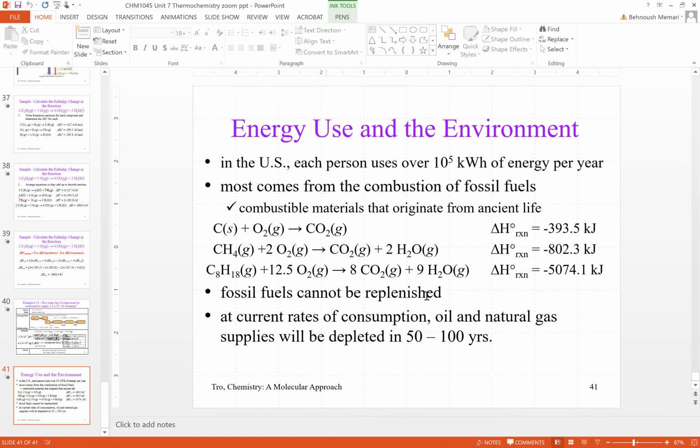So we already know the delta H values, you find the delta H of the reaction, and then you divide the wanted energy by the delta H value. That gives you the number of moles.